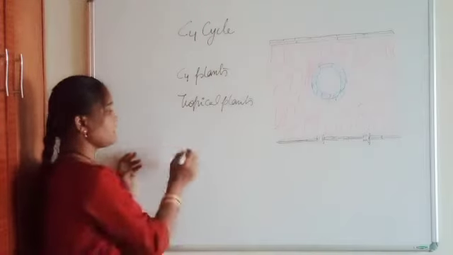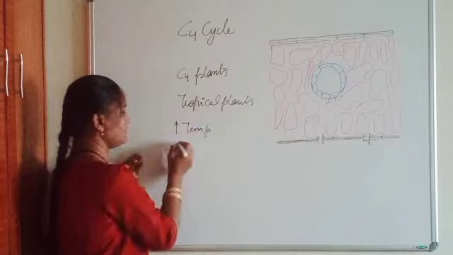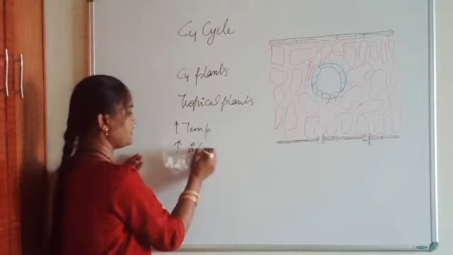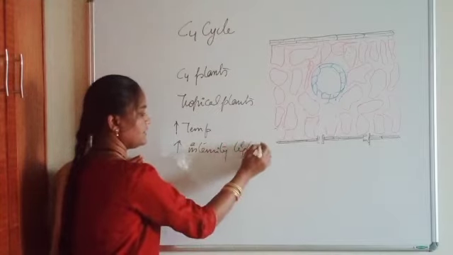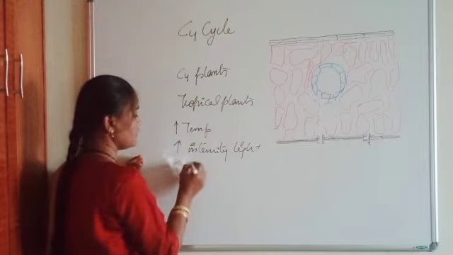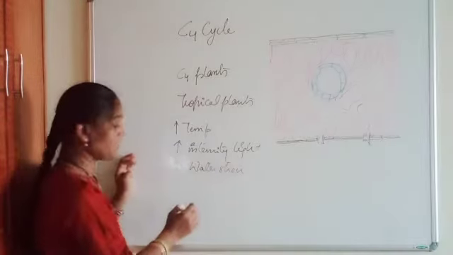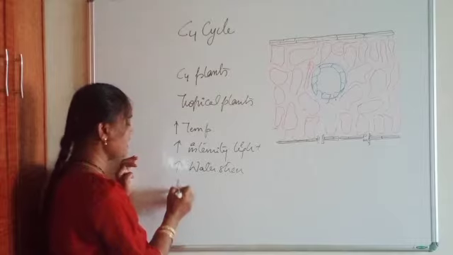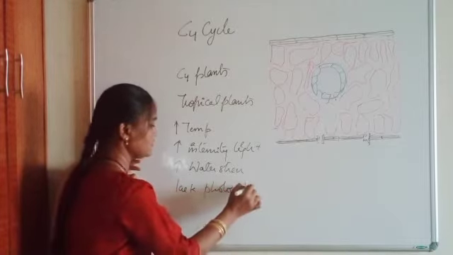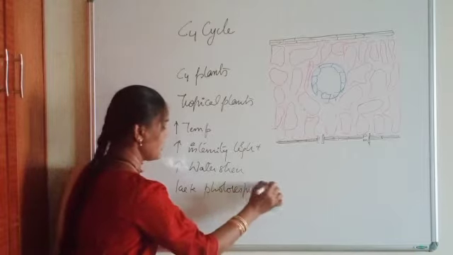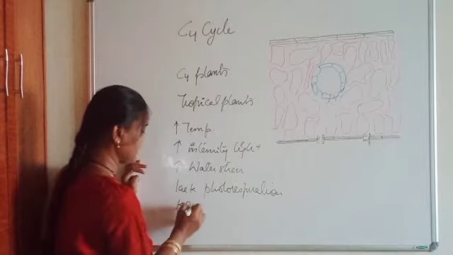These plants can easily withstand high temperatures and high intensity of light, and they can easily handle water stress conditions during drought times, and they lack photorespiration, and they possess Kranz anatomy.